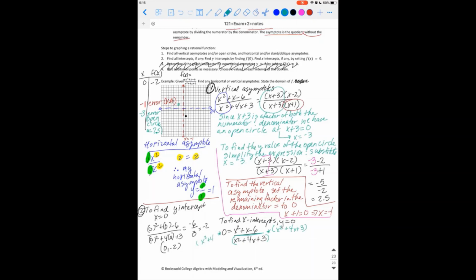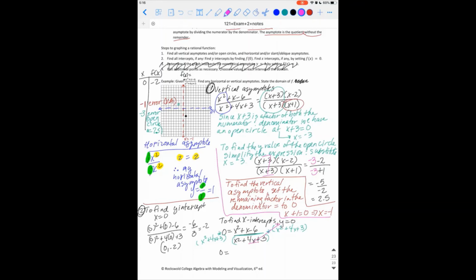What we do to one side, we do to the other. And so thank goodness we're multiplying by 0 on the left side, because technically on the left hand side 0 times anything is just 0. And on the right hand side, the whole point of multiplying by x squared plus 4x plus 3 is that these two parentheses simplify to 1.